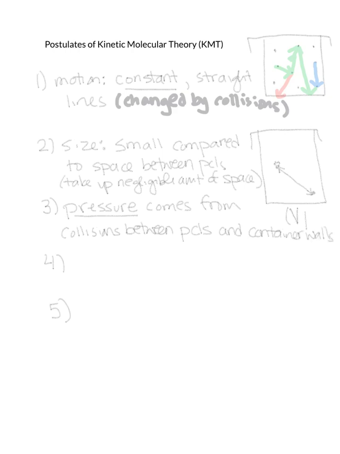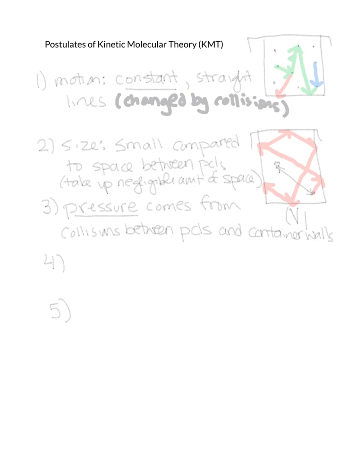So we had that straight line motion, and this gas particle moves, and it bonks up against the container wall that exerts a pressure, or force. It bonks up against another container wall and another container wall, and every time it connects with the wall of a container, it exerts a force. And the amount of that force is what we end up calling pressure. That's the third postulate of kinetic molecular theory.